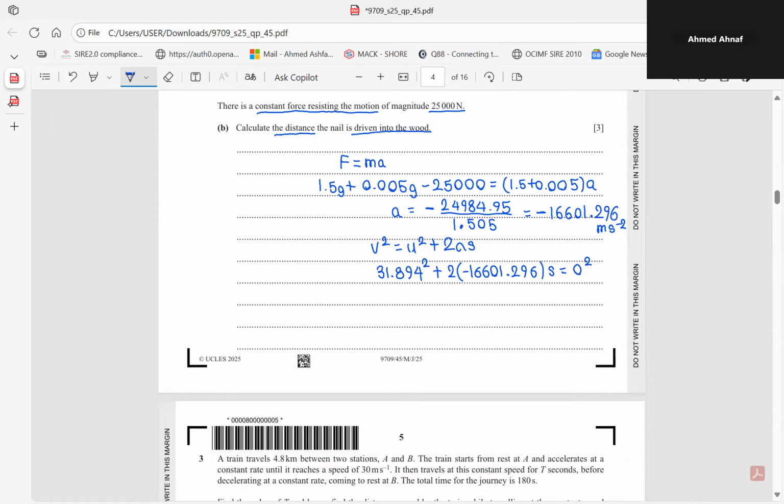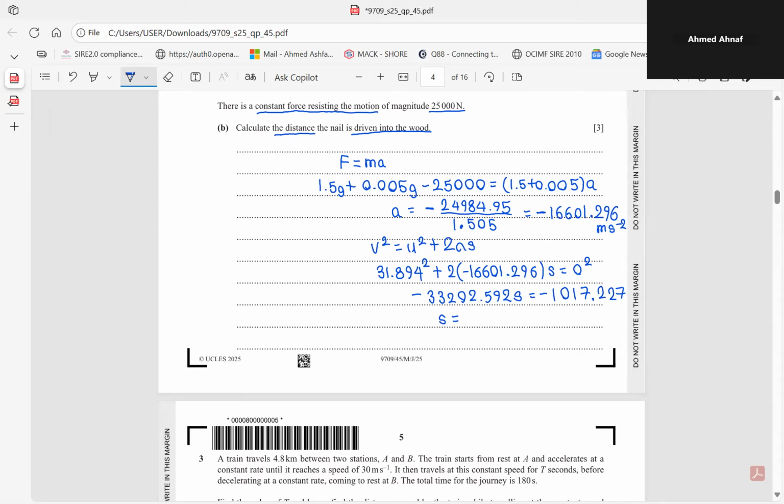So just make s the subject. Minus 16,601.296 times 2, you will get minus 33,202.592 s equals minus 1,017.227, and just divide both sides by the left hand side.